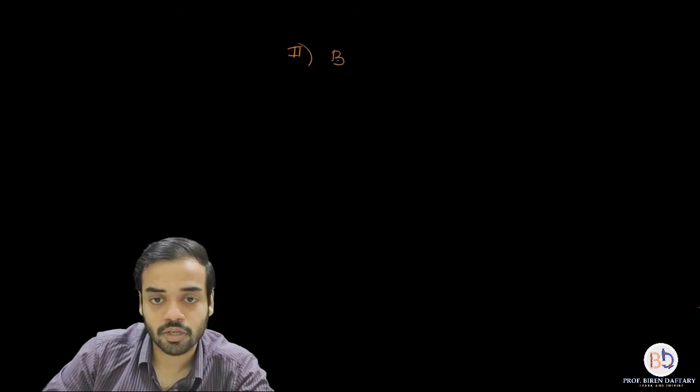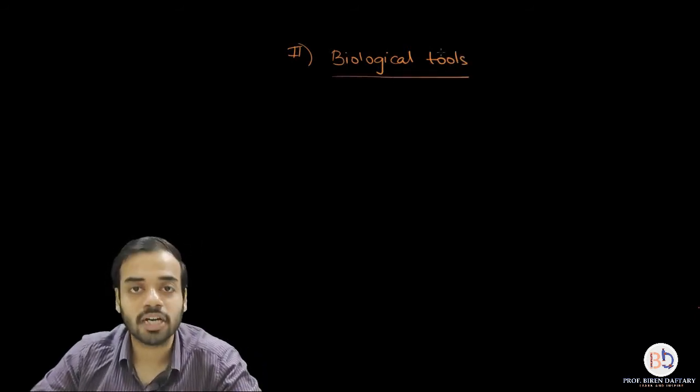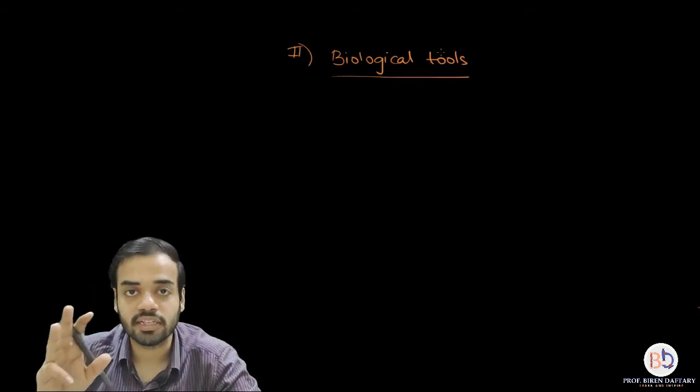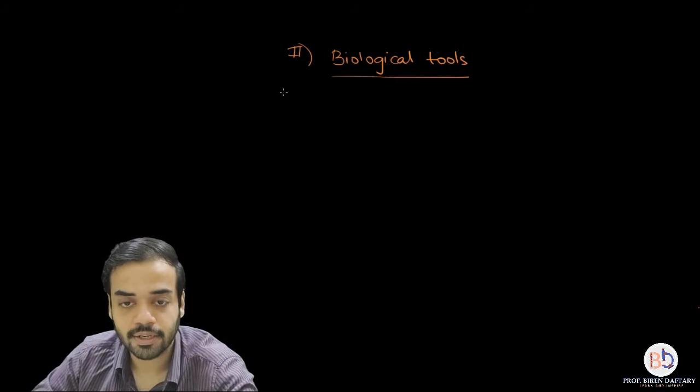Anyway, starting with today's topic. So we are continuing with the tools and techniques. We are continuing with the requirements for recombinant DNA technology, but now we are starting with the second part, which is about biological tools, right? Okay, so basically under biological tools we have to learn about three things that are required for recombinant DNA technology, right?